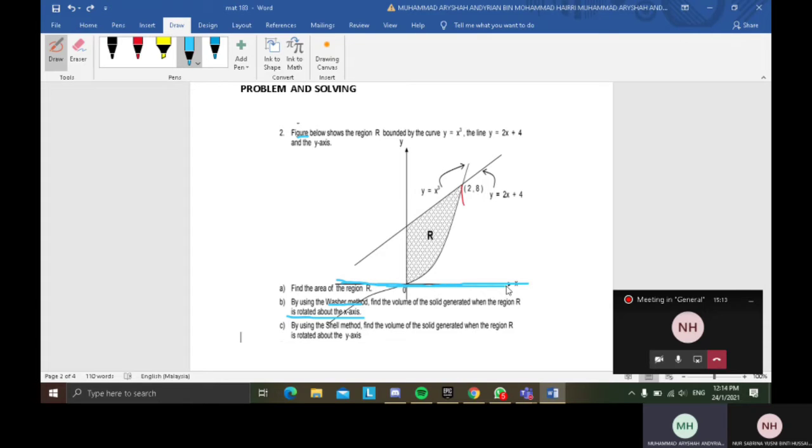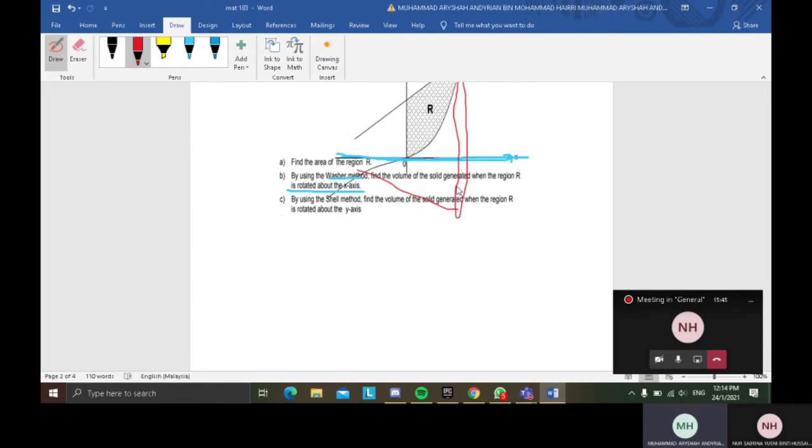So this is the axis of revolution. This region that is bounded is going to rotate here and be like this. So this is the result.